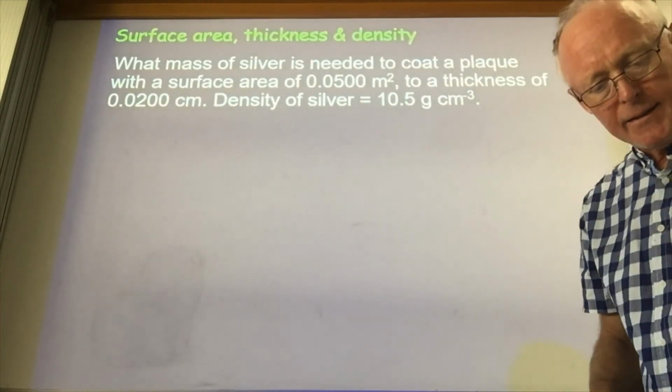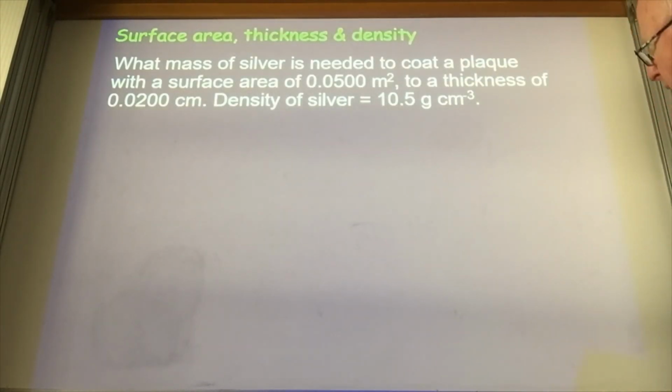One last little bit of calculation stuff. There's an example of just the sorts of trickiness they can put into these questions that require you to be a little bit able to manipulate quantities and stuff. So we're using density here to convert between surface area and thickness to volume, and then turning volume into mass of metal.